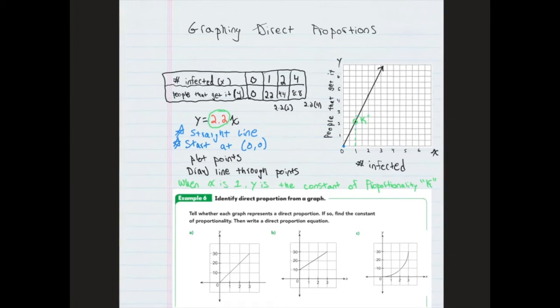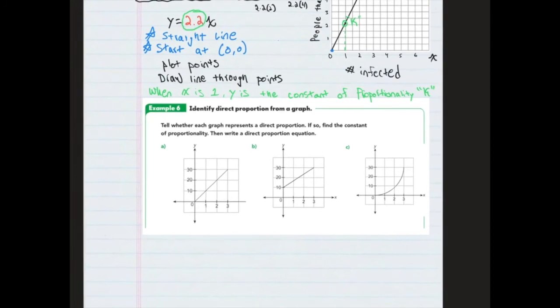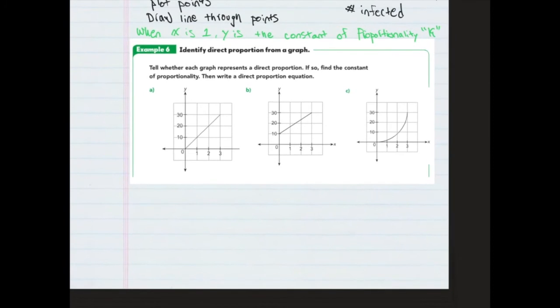And from that, we can move on to example 6, which is the first example in this lesson. We're just given A, B, and C, and we're asked, does each of these graphs represent a direct proportion? And if it does, find the constant of proportionality. The two things you have to ask yourself is, does it start at 0, 0?